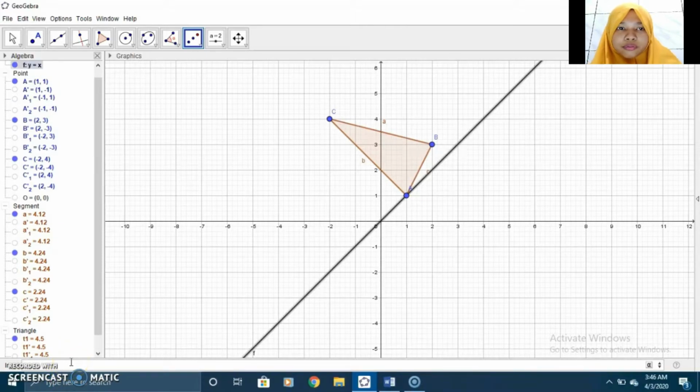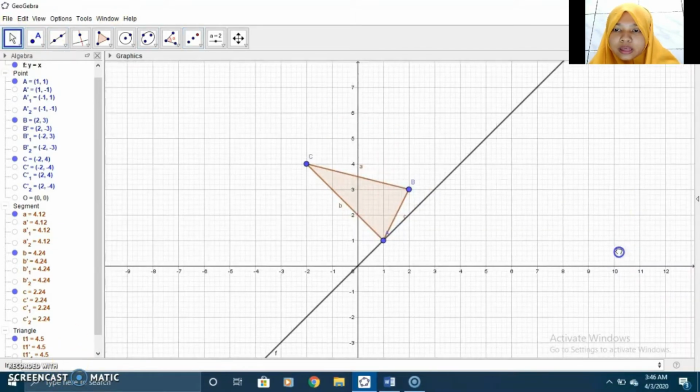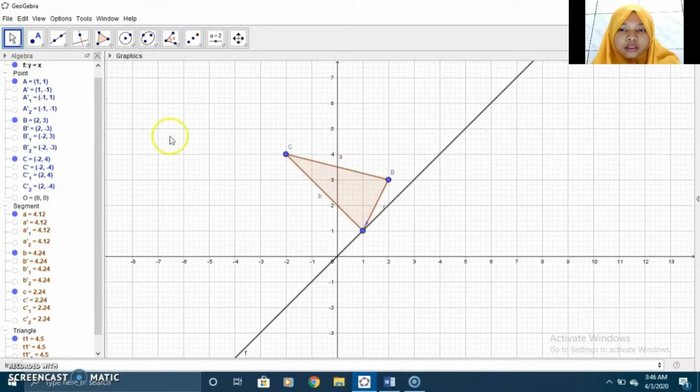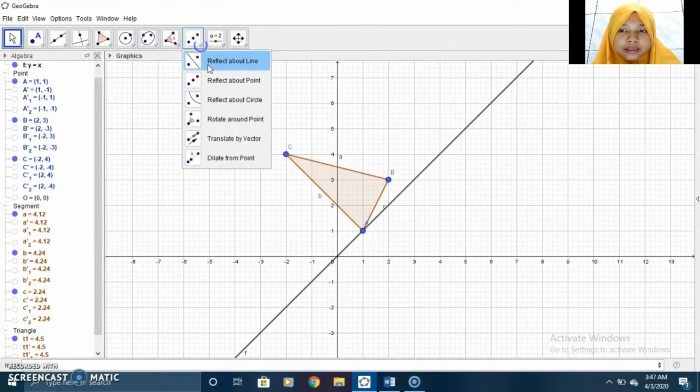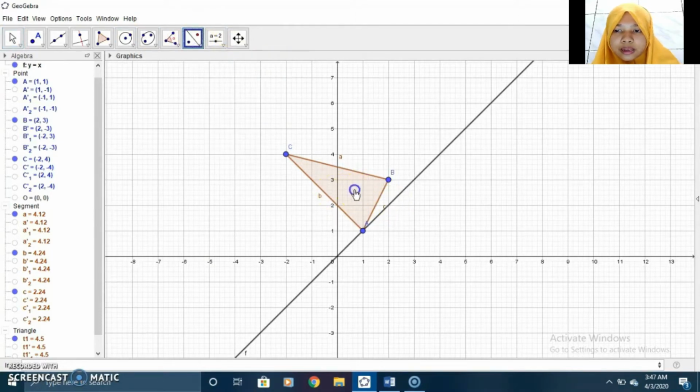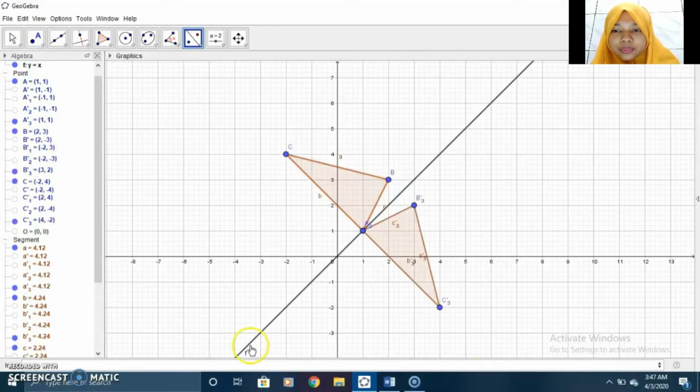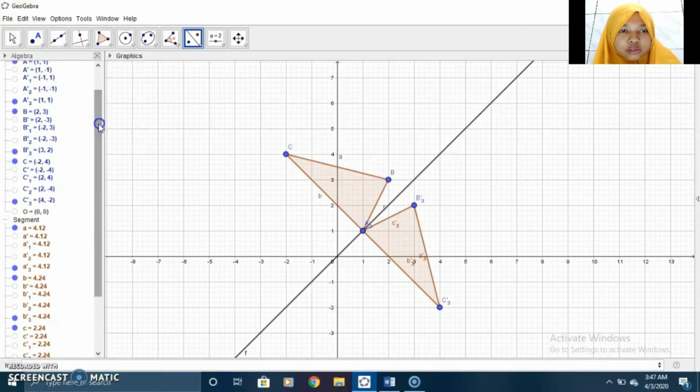Then we have the line. After we have the line and the triangle ABC, we choose Reflect about Line and click triangle ABC and the line y equals x. Then we have triangle A3', B3', and C3', with coordinates A3' is (1,1), B3' is (3,2), and C3' is (4,-2).